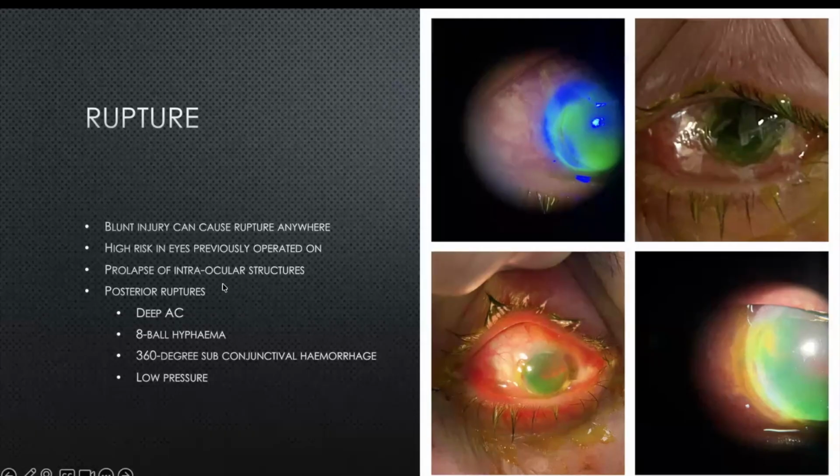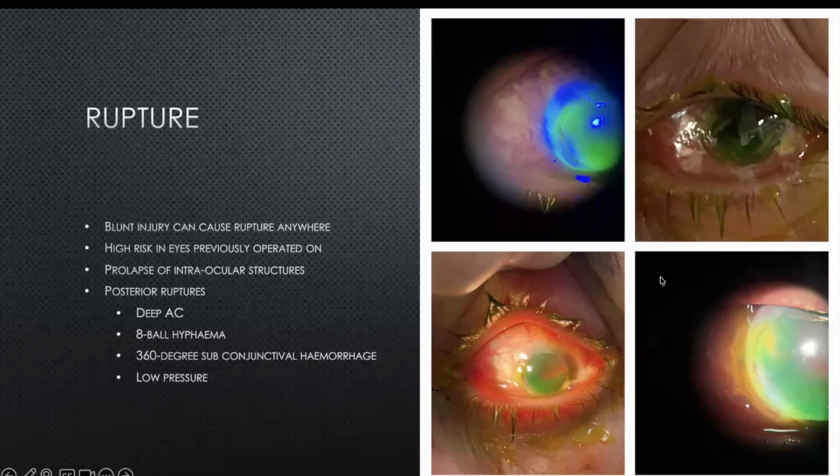And then with posterior ruptures, this is where I was talking about the hyphaema and how it can be a bit of a red flag. If you're seeing a patient with a deeper anterior chamber compared to the other side, so the eye that's had the trauma has a deeper AC, or you have an 8-ball hyphaema, or a really bad 360-degree subconjunctival hemorrhage, and the patient has low pressure, these are all red flags leading you towards thinking about whether there actually is a posterior rupture in this eye that you may not be able to see anteriorly.